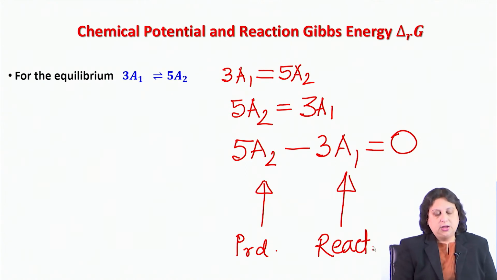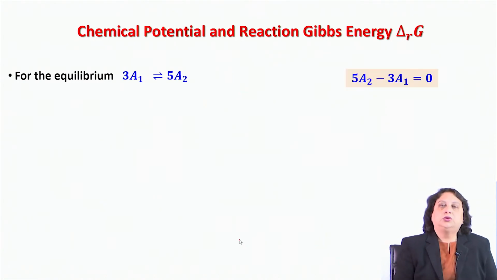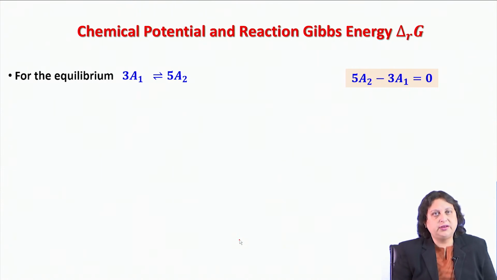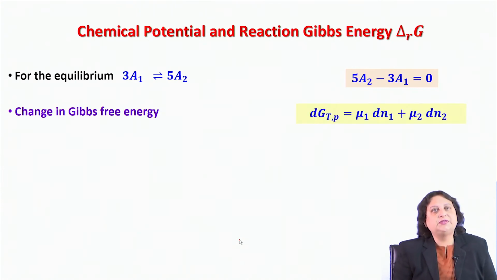Once I have this in mind, I am going to use this algebraic equation to write down the form of the reaction Gibbs energy. So let me start from this balanced algebraic equation. The change in Gibbs free energy as before is mu1 dN1 plus mu2 dN2.